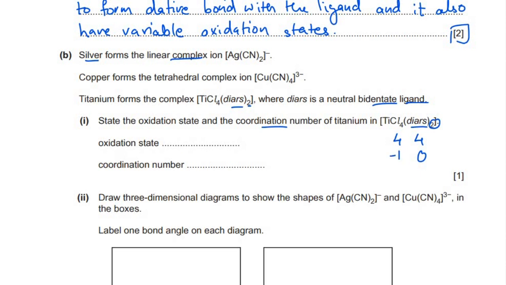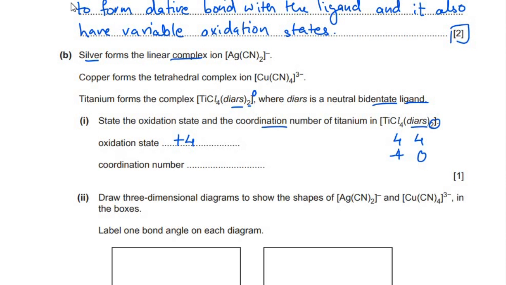So the overall charge given by the chlorine ligands is -4, and the complex is neutral. There is no charge on the complex, so that shows that the titanium should have a +4 oxidation state.